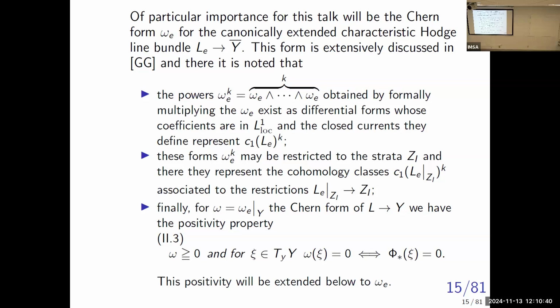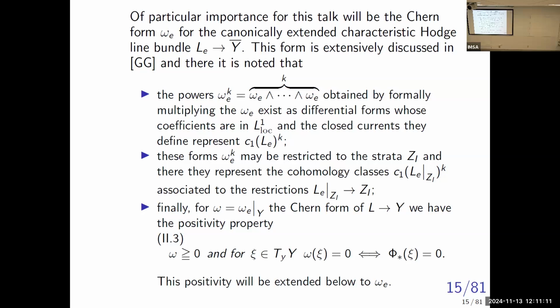Let's say this is the first Chern form, just a one form. Multiplying is the same as taking cup product in cohomology. And they can also be restricted to the strata. And there they represent the first Chern class, in this case, of the canonically extended line bundles.